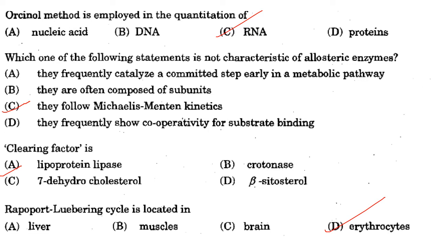Then what is the significance of this cycle? The 2,3-bisphosphoglycerate combines with hemoglobin and reduces the affinity towards oxygen. So in its presence, oxyhemoglobin unloads more oxygen to the tissues. Then 2,3-bisphosphoglycerate shifts the oxygen dissociation curve to the right.